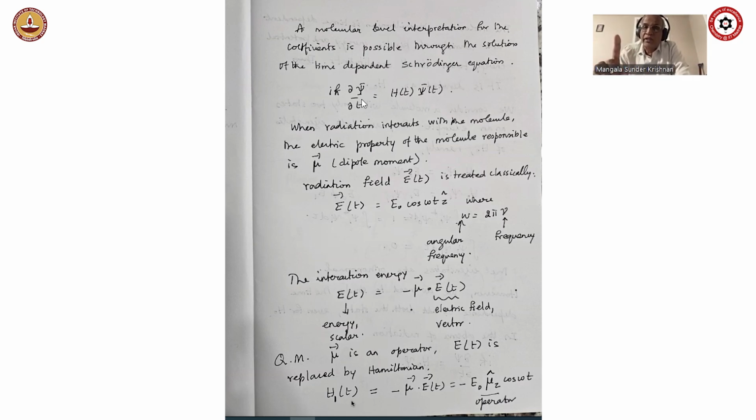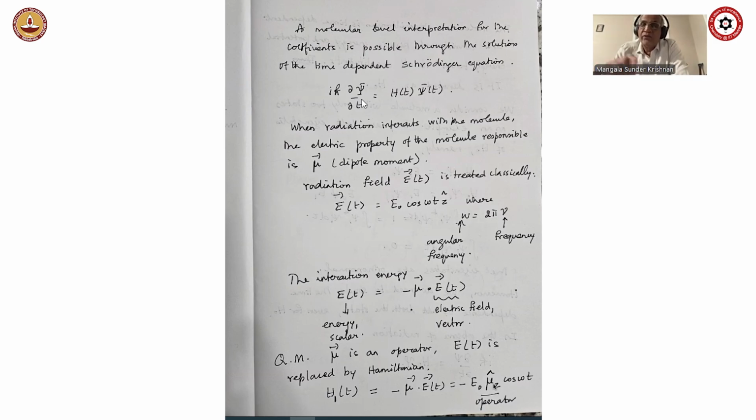The Hamiltonian is quantum mechanical because the dipole moment, the molecular property, is a quantum mechanical quantity. It's an operator. Dipole moment is a quantum operator.